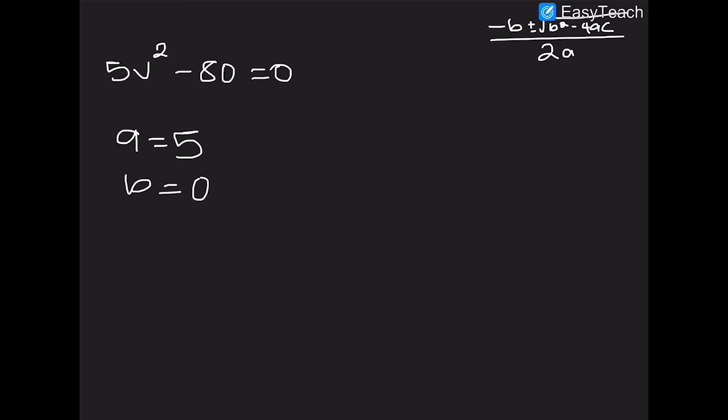Again, this right here is a c term. Why? Because when we look at ax squared plus bx plus c, the b goes with an x, the a goes with an x squared. But the c is alone with nothing. This is the c term because there's no x, there's no variable beside it. And then our c is negative 80.